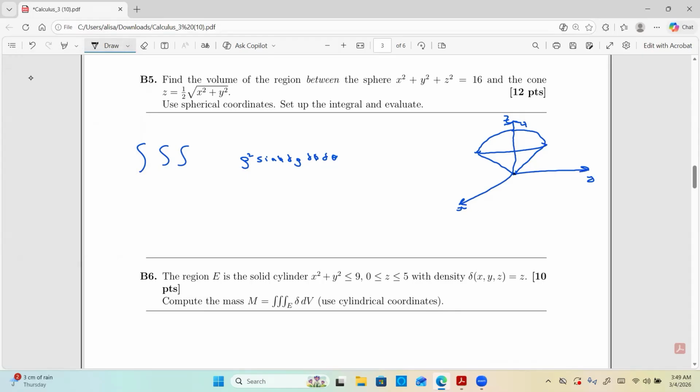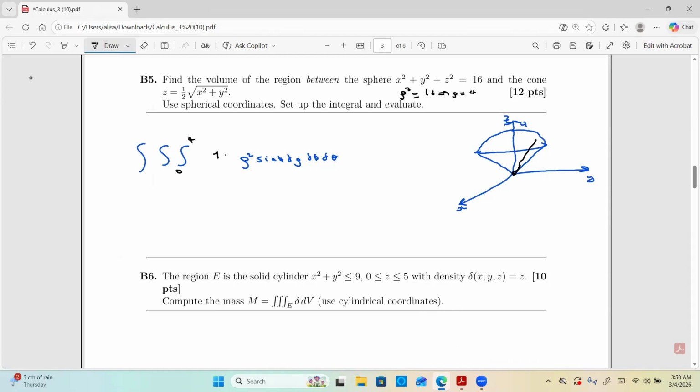I'm gonna be looking at a general ray here that starts at the origin and exits. So we're starting with a distance 0 from the origin, and we're exiting at the sphere, but the sphere can be written as rho squared equals 16, which means rho is 4. So we're exiting at rho equals 4. And since we're computing a volume, we're going to be integrating 1.